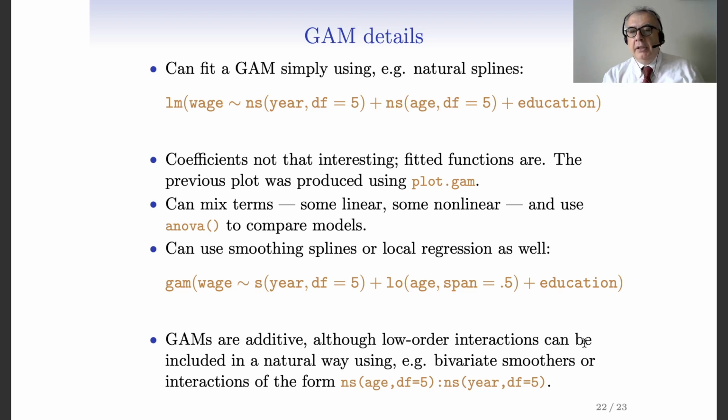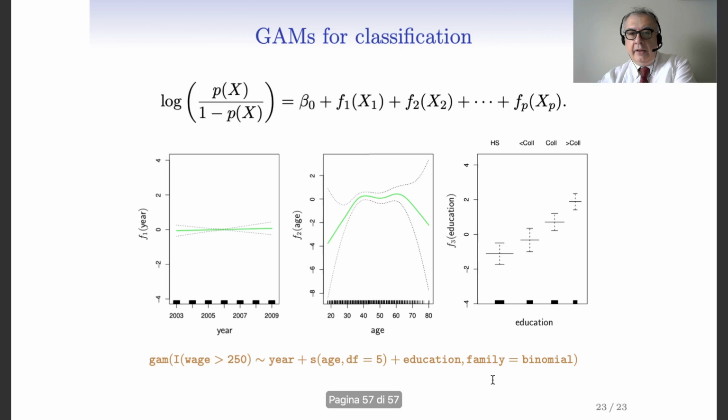So you could introduce an additive term which is a bivariate spline, for instance, that depends on two variables. Here you are using what's called a tensor spline. This is a spline that depends on two variables. So as a matter of fact, it gives you a surface which is a tensor spline of natural spline type, depending on age and on year.